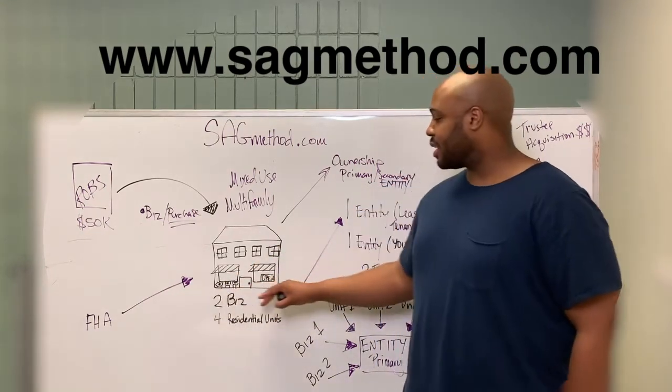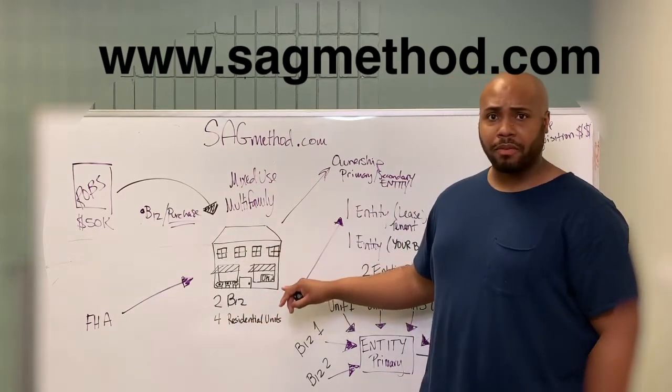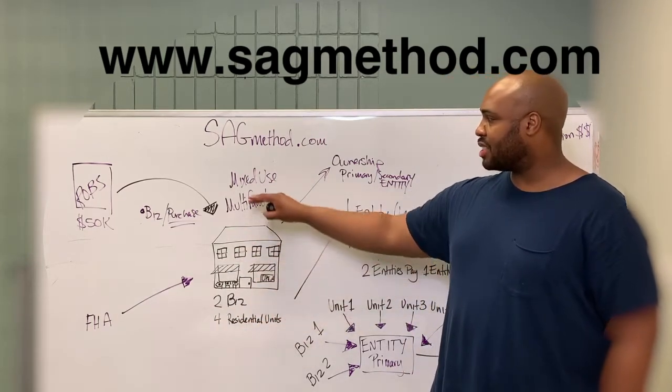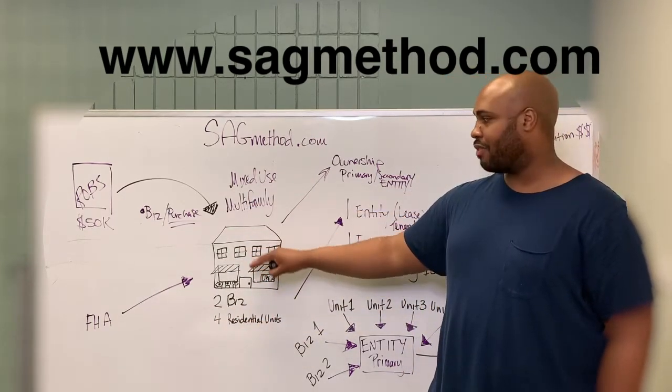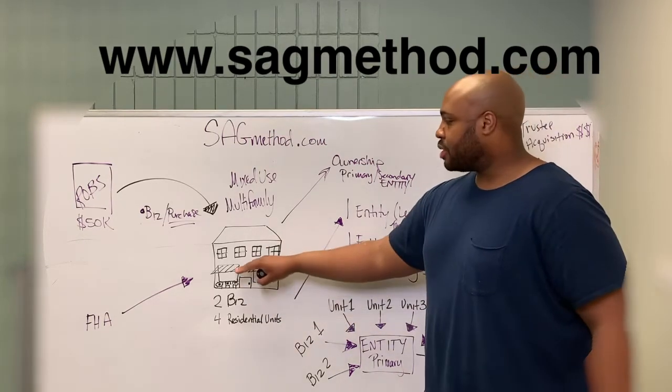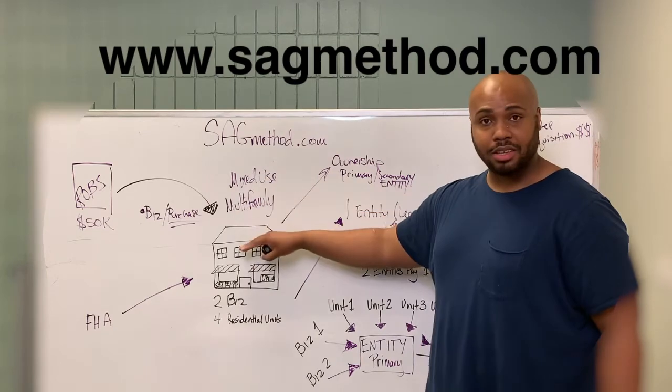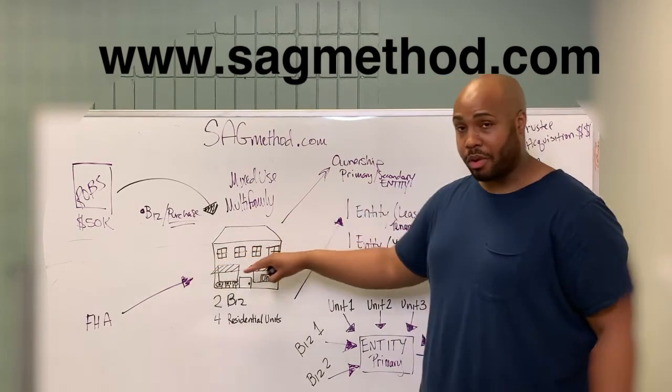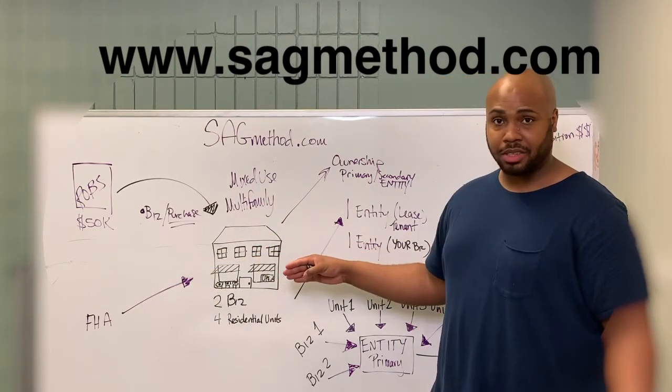And that's what makes this model so beautiful, because it doesn't have to be just a smaller mixed unit or multifamily property. It could be 1,000 residential units and only 4 office space units.